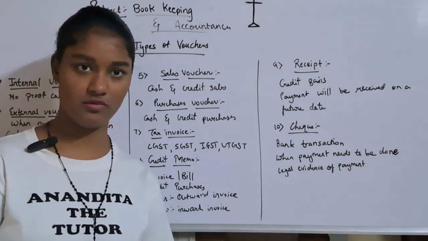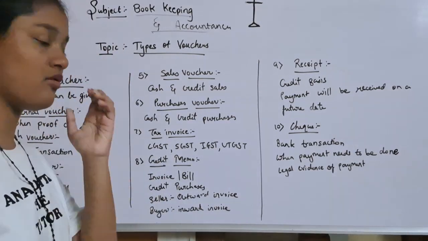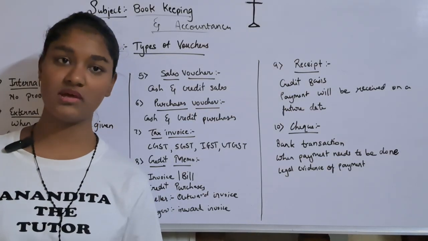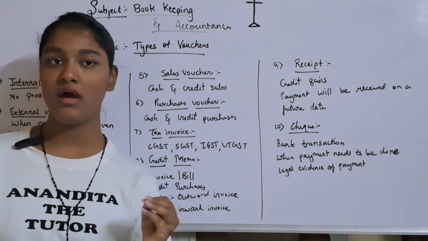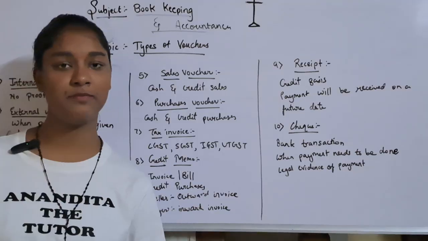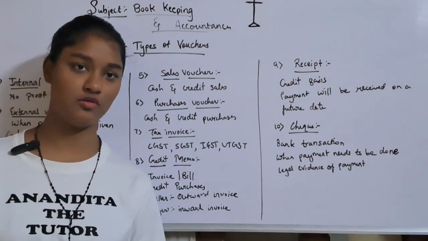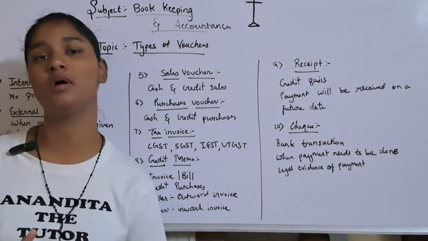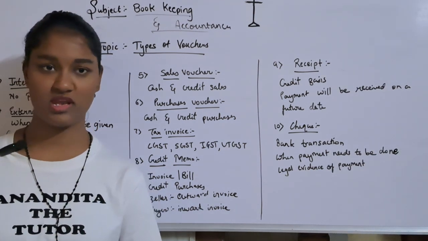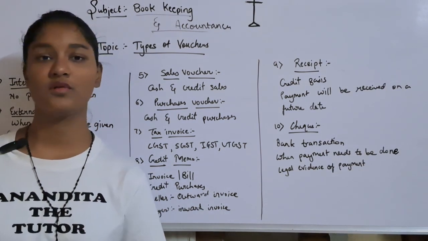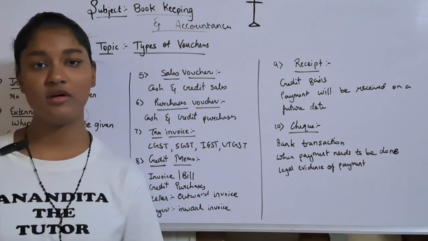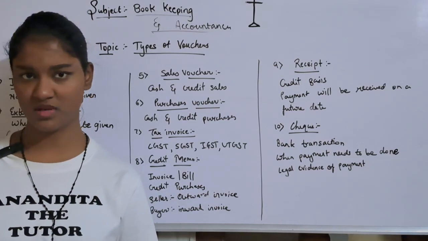Purchase voucher, same thing. When there are purchases and you receive the bill. Here also both cash and credit purchases are recorded. For example, if you go to a stationery shop, as I said, and you bought a 10 rupee pen, the shopkeeper gives you a bill.